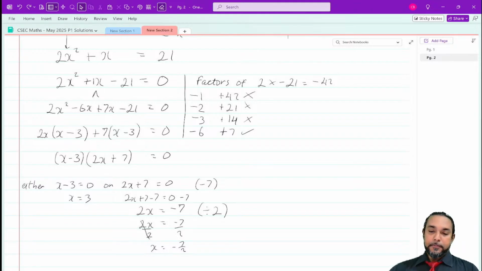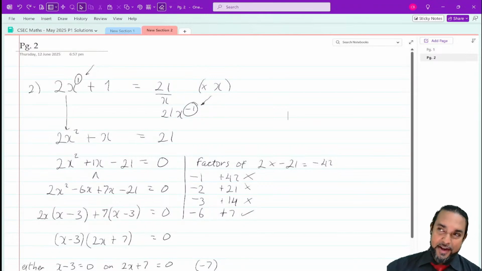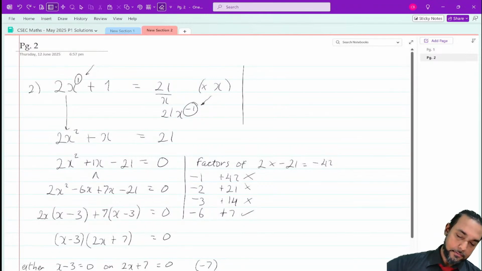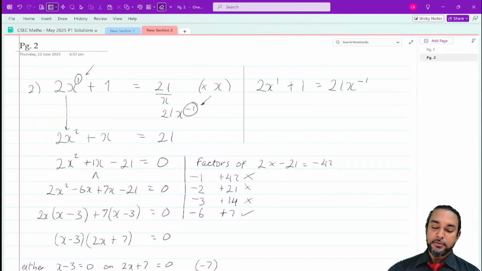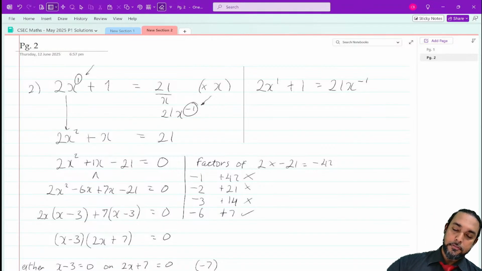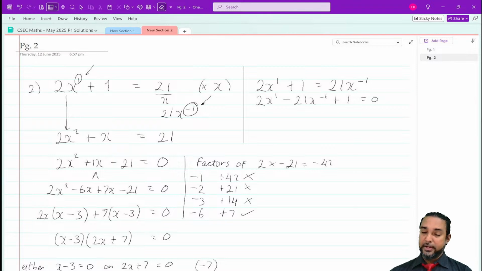Now, let's see. Is there a way that we could have used the negative index to facilitate this? Let's say we had 2x to the 1 plus 1 is equal to 21 by x to the minus 1. If we bring that across and put it in its proper sequential order, you can't factorize this like a quadratic.